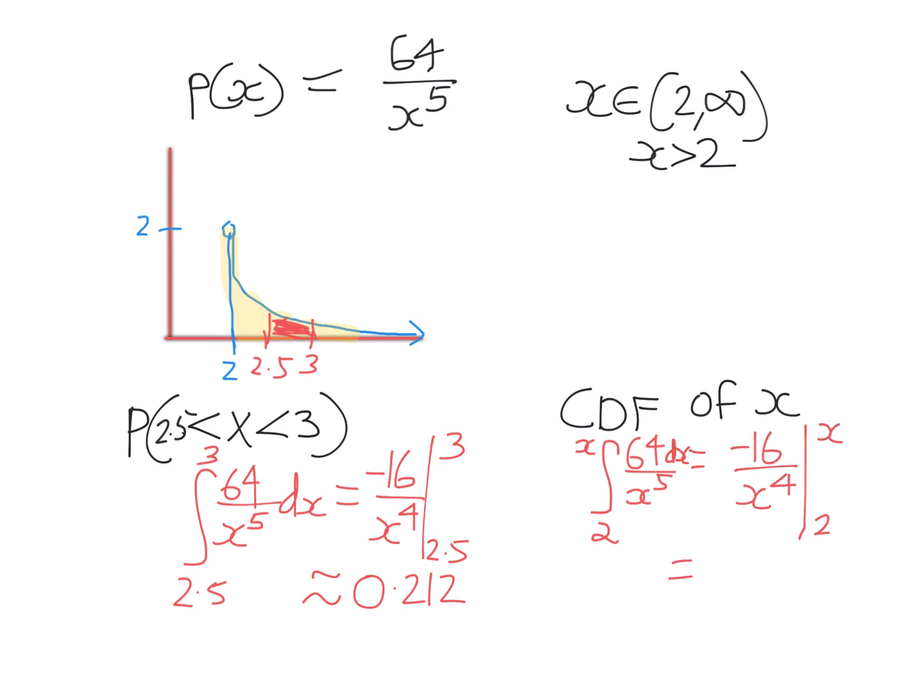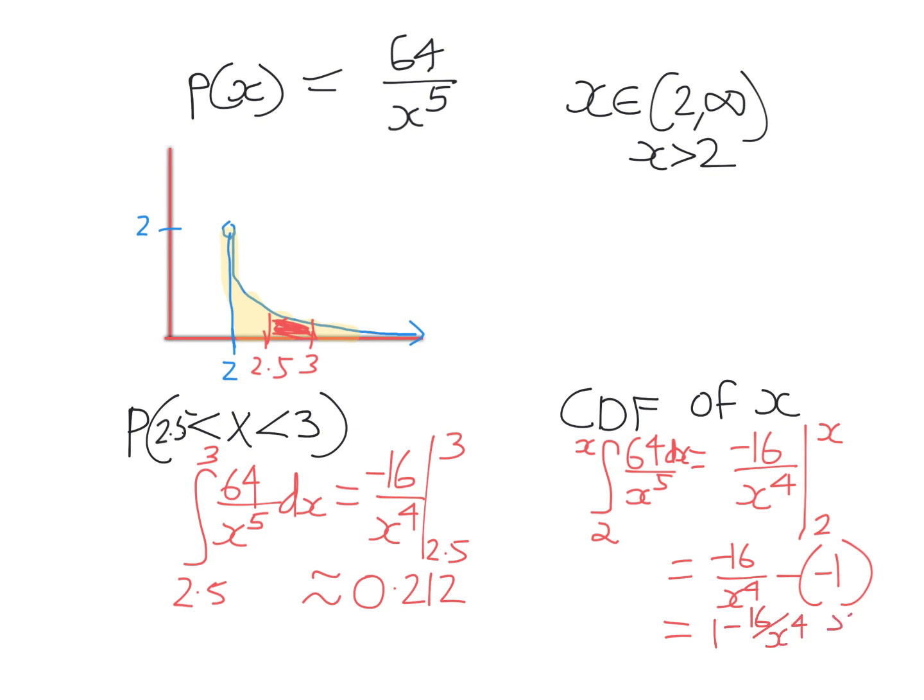So if I substitute x into this function here, I just get exactly what you have there, minus 16 over x to the power of 4. If I substitute 2 into this function, I get minus 16 over 16, which is negative 1. So the CDF, this just becomes a positive 1, is just 1 minus 16 over x to the power of 4.